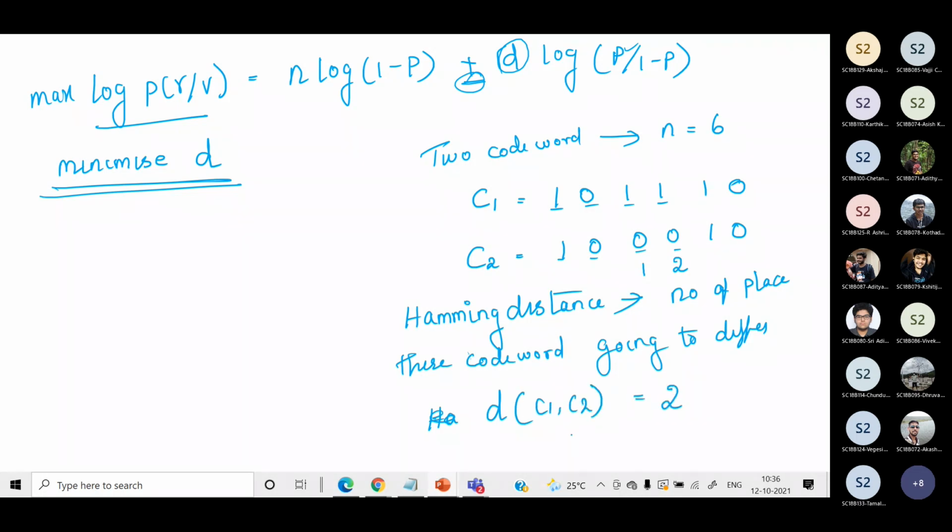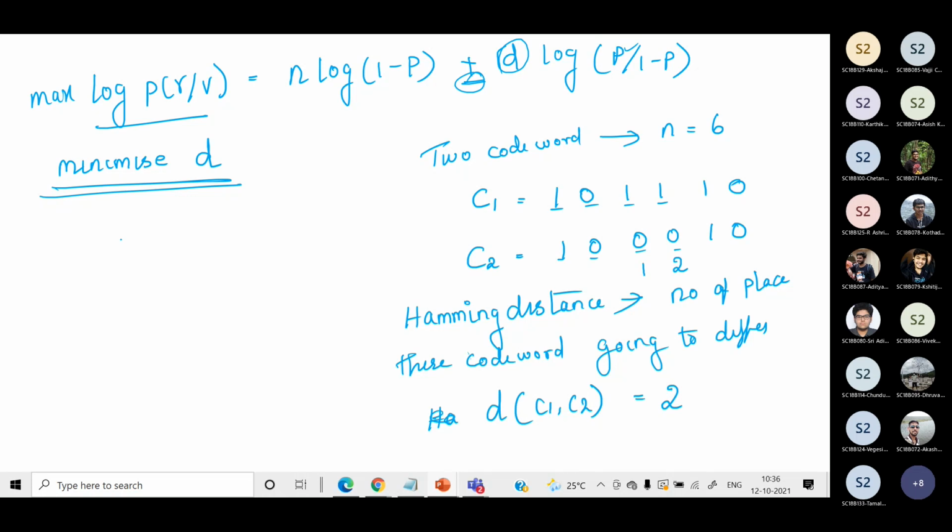Is it clear? What do you mean by Hamming distance? Is it clear? Yes, ma'am. Okay, so this is the way we will be measuring the Hamming distance between any code words. So now, maximizing this one, how are we going to treat it in terms of the code word?